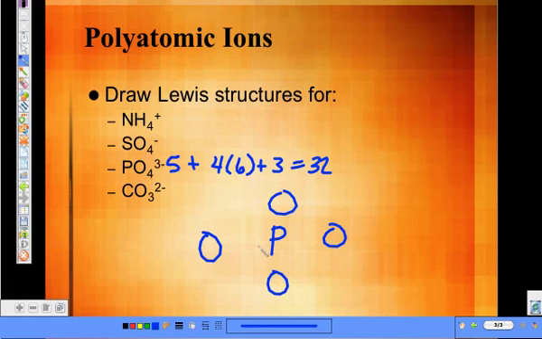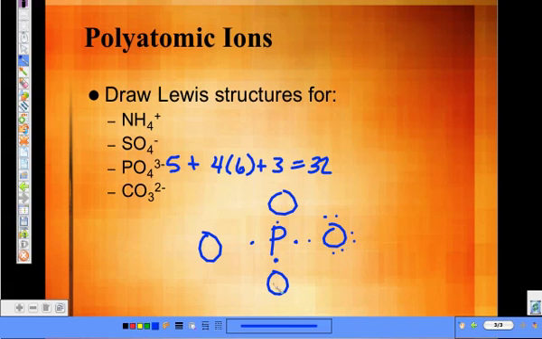So phosphorus had 5. 1, 2, 3, 4. Now this is another case where I need to add a 5th electron on phosphorus, so it's going to share 2 with one of these oxygens. It doesn't matter which one, so we'll just put it right here. So now this oxygen, when I put the 6 around it, is already full with an octet.